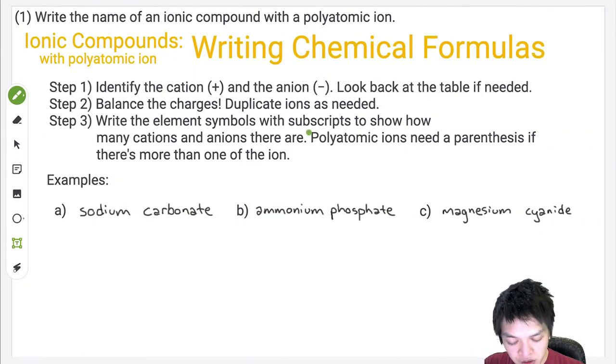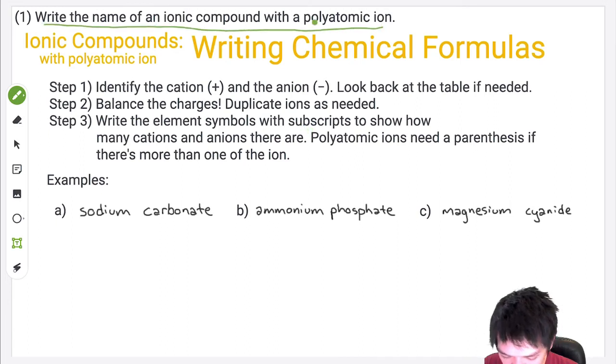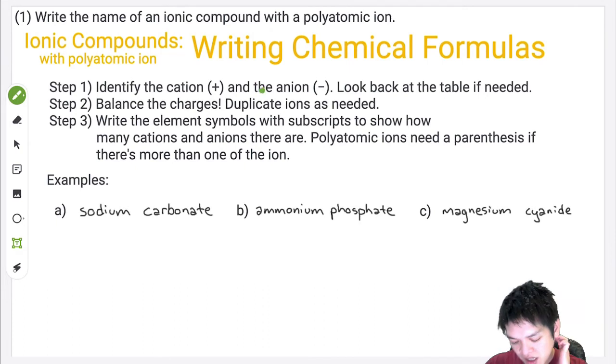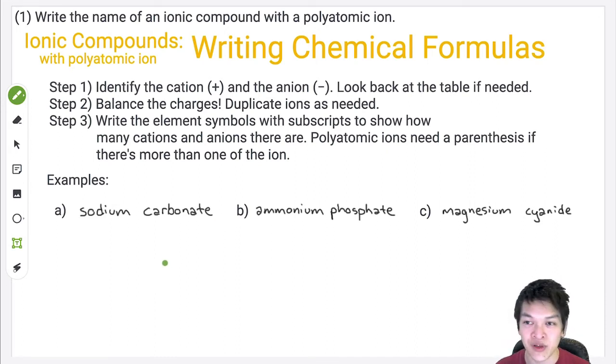Now our second goal is to write the chemical formula of the ionic compound that contains a polyatomic ion. For this, you should refer to the table. The only reason I don't refer to the table is because I've done so much practice that I know what these ions are.